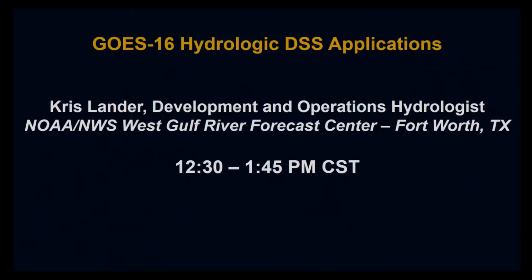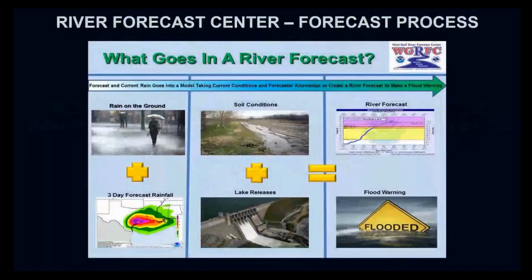So the very first slide I'm going to show you is just an overview of what it is we do to produce river forecasting. It's showing you the points at which GOES can help us add value to our mission of providing river forecasting and decision support to our partners and stakeholders.